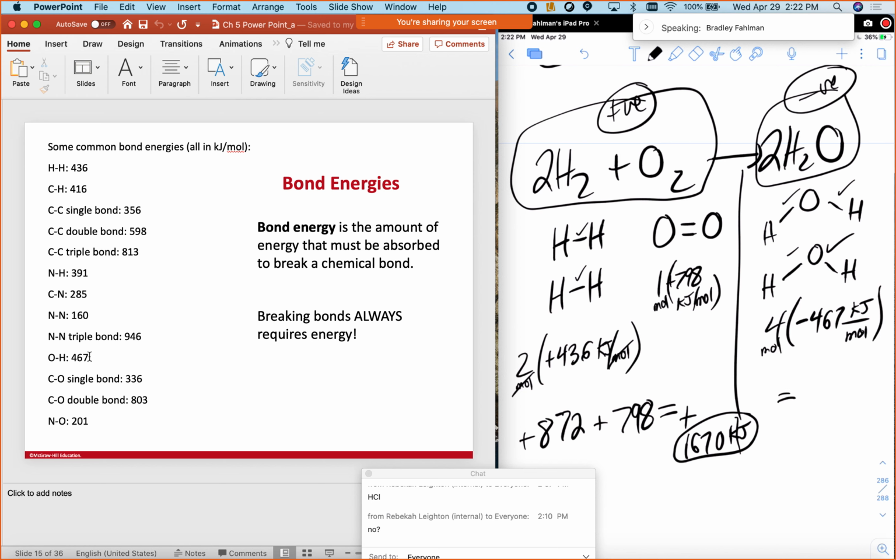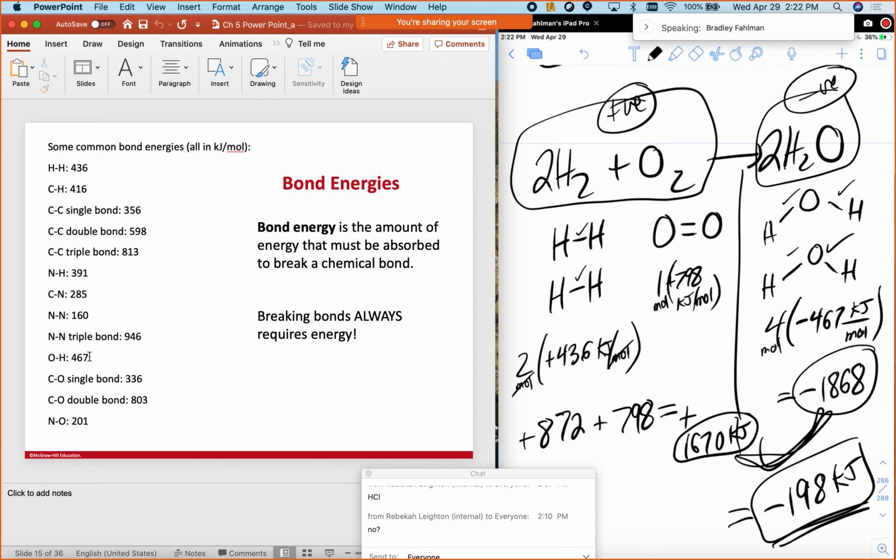So that gives you 4 times 467, so minus 1868. And then you just add these up. Okay, so overall, it's going to be minus 198 kilojoules. Okay, so exothermic reaction.